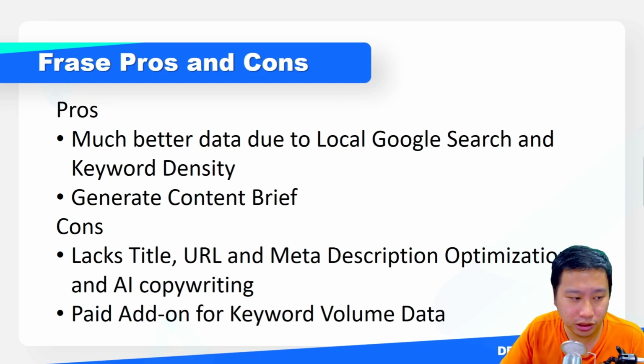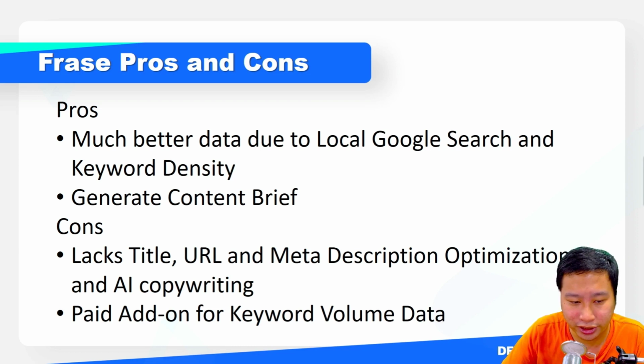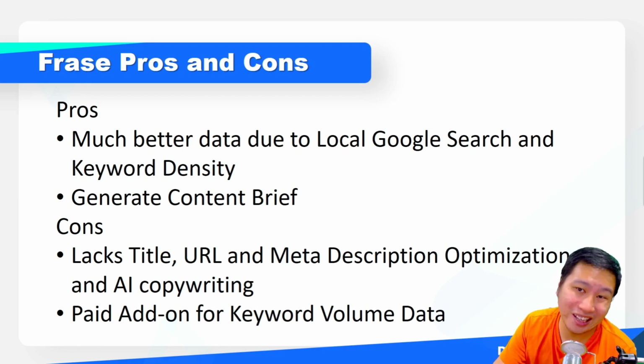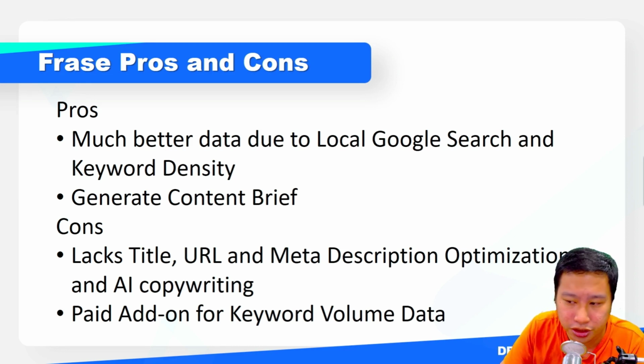And the cons is that it doesn't have title, URL, and meta description optimization, and it doesn't have AI copywriting, right? Because the AI is based on NLG, so it doesn't write content in a manner that is optimized for copywriting.